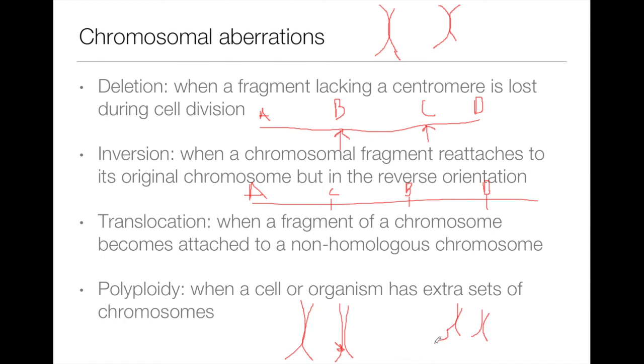But another thing is called a mutual translocation, I believe so. What's happening? I cut this part here and I cut this part here, and this is being exchanged with this. These are DNA sequences of different, non-homologous chromosomes. And this is mutual translocation.